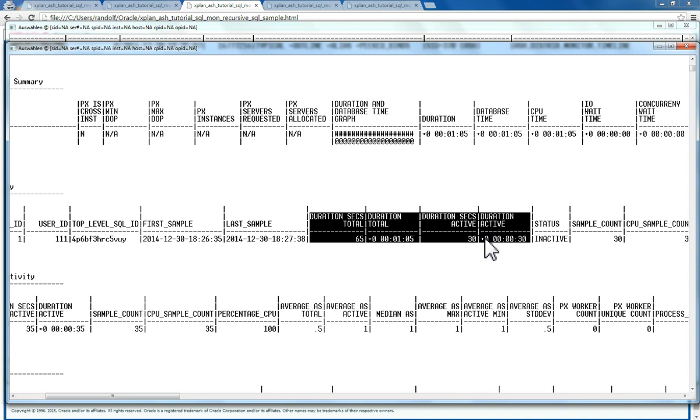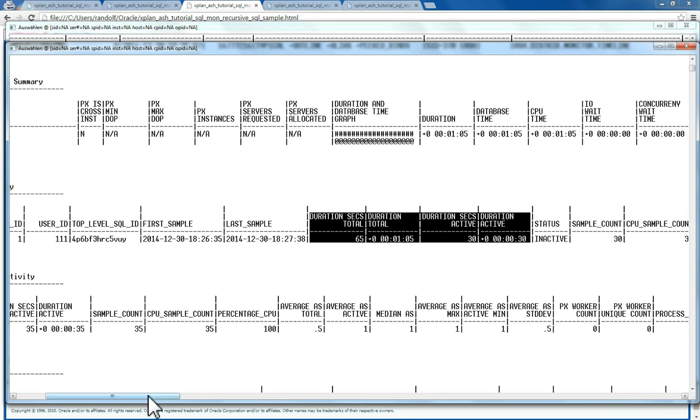And of course, from this output alone, you cannot tell yet which of these reasons that I've just outlined is actually causing this difference between total and active. But at least you can see that there is a big difference between these two.